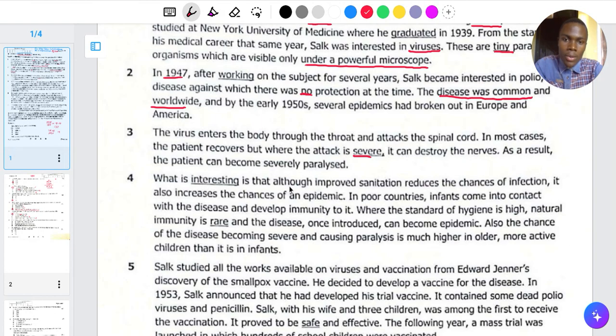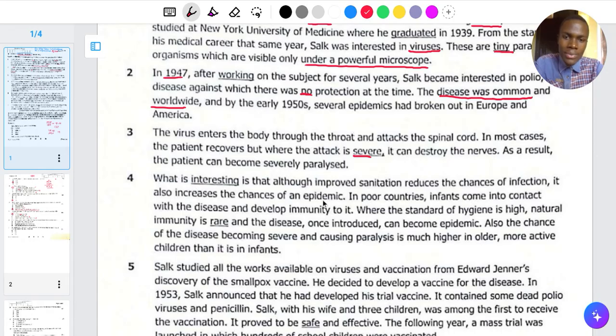It is saying what is interesting here is that although improved sanitation reduces the chances of infection, it also increases the chances of an epidemic.